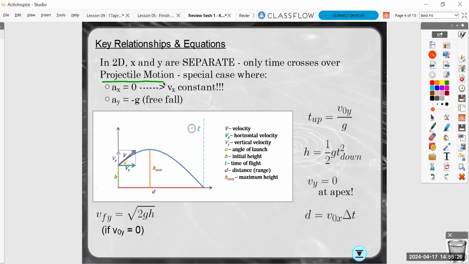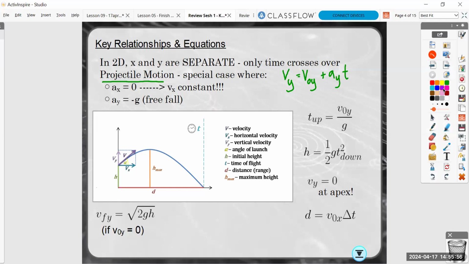Make sure that you're only setting up your equations in one direction. If you're using that first kinematics equation in the y direction, only use y velocities and y acceleration. Don't tell me that gravity is going in the x direction. If you're doing a y equation, only use y quantities. If you're doing an x equation, only use x quantities. The only thing that gets to play in both x and y is time.